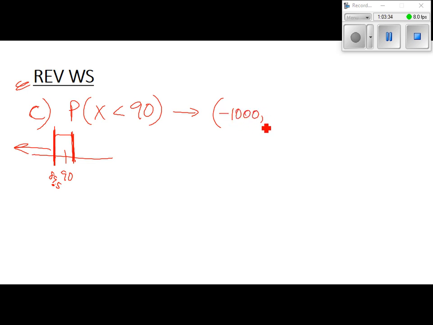What's our high limit? 89.5. What's our mean? 93. And what's our standard deviation? 2.55. And again, what are we using on our calculator? Normal CDF. We could use the binomial stuff if you wanted to go back and do all that, but it's easier to use normal CDF. What's that give us?